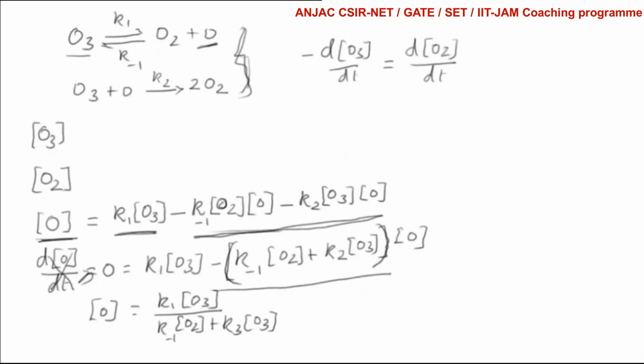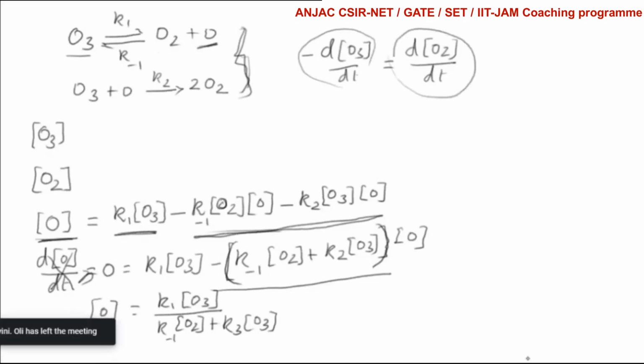It is the rate of the reaction from which you can give the rate law equation. Therefore, you also have to find d[O2]/dt, for which you have to find the concentration of O.